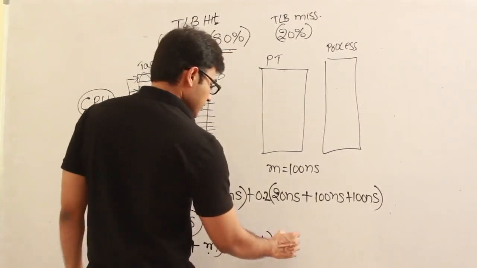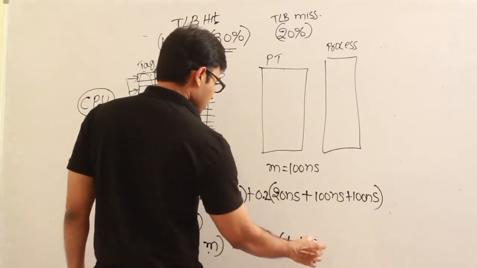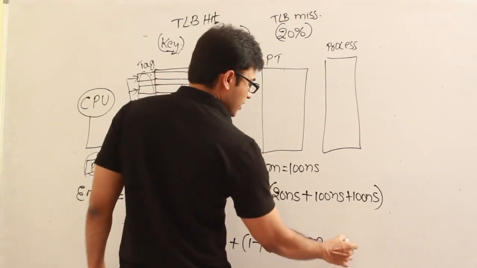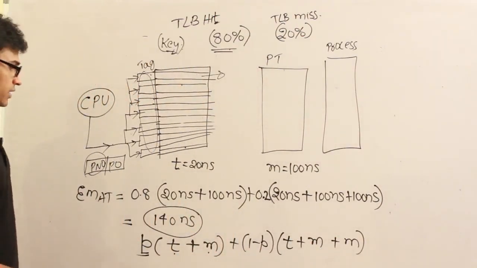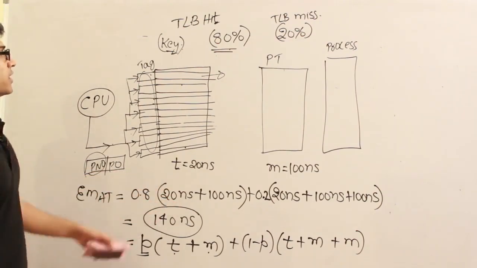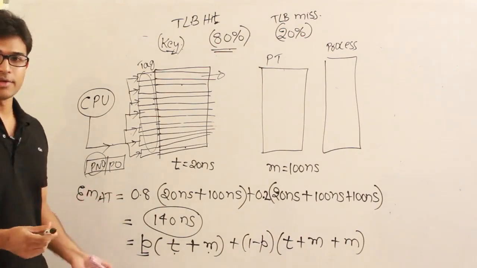So in this case, you have to check first that it is not present, then go to the page table once, and then finally to the process and get it, right? Just be warned that this entire concept is applicable for a single level page table, and it can be extended even to a multi-level page table. How?